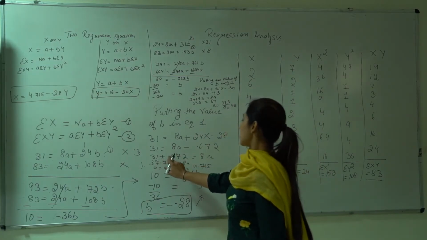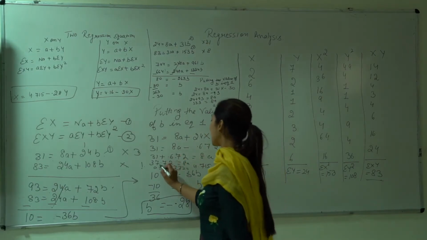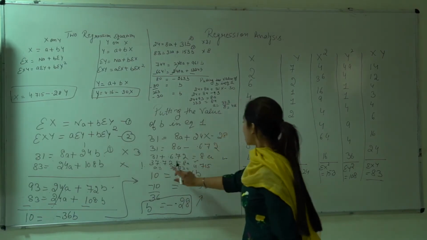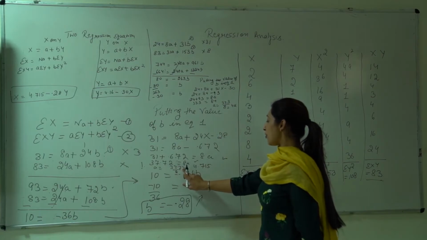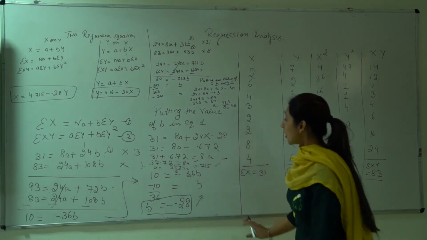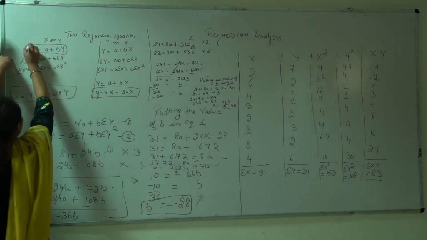So, 31 plus 6.72 is equal to 8a. That becomes 37.72 is equal to 8a. So, a is equal to 37.72 upon 8, which gives you 4.715.